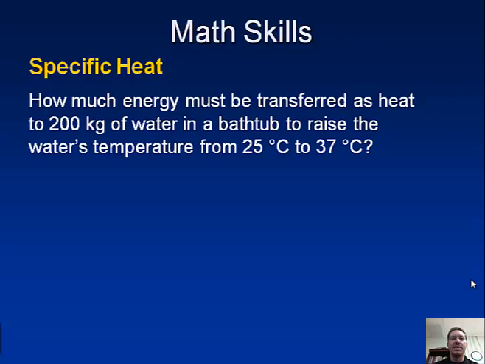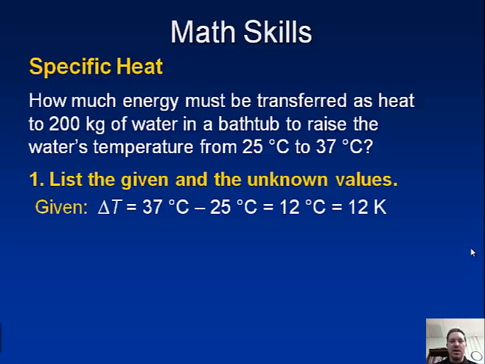Alright, so looking at a specific heat calculation: how much energy must be transferred as heat to 200 kilograms of water in a bathtub to raise the water's temperature from 25 degrees Celsius to 37 degrees Celsius? We're going to list what we know. We're given the change in temperature, 37 degrees Celsius minus 25, which is a 12 degree Celsius change.